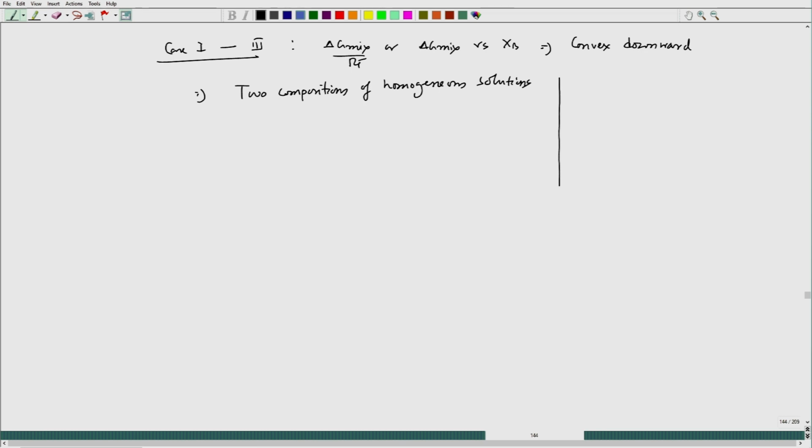So, let us say this is x_B equal to 0, x_B equal to 1, x_A equal to 1, and in cases 1 to 3 we see that the plot is like this. This is symmetric between the two extreme ends. Okay. Now, let us say I take a composition here and I take a composition here, with this being, let us say, the midpoint x_B equal to 0.5.